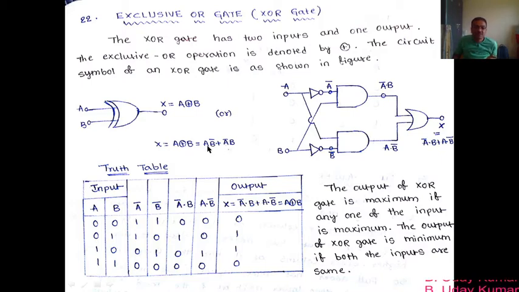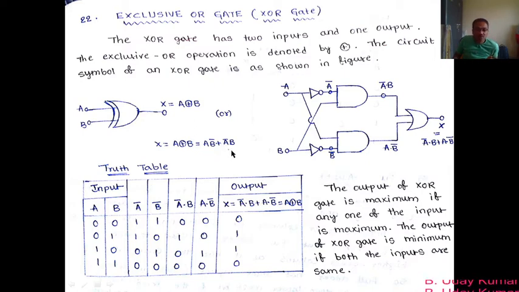Next we have A B bar and A bar B. A B bar is nothing but the multiplication, A into B bar, so there must be an AND gate, and here we have A bar B, so again there must be another AND gate to get A bar B. Finally there is a plus symbol here. Plus is nothing but the operation of OR gate, you know that. So in the circuit symbol there must be an OR gate also.